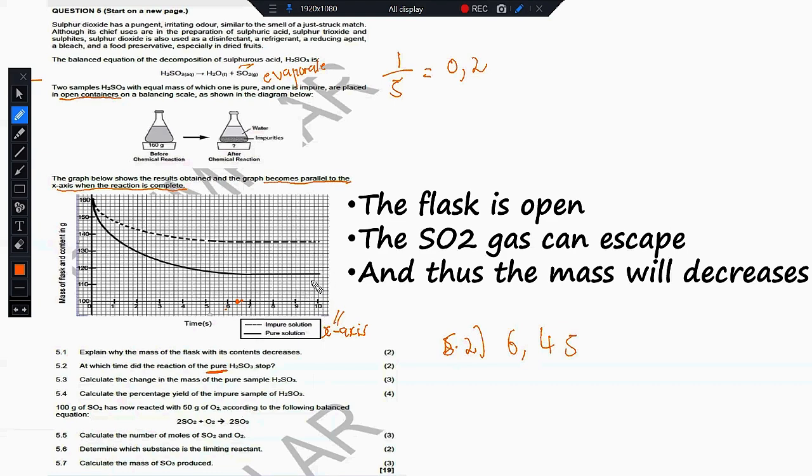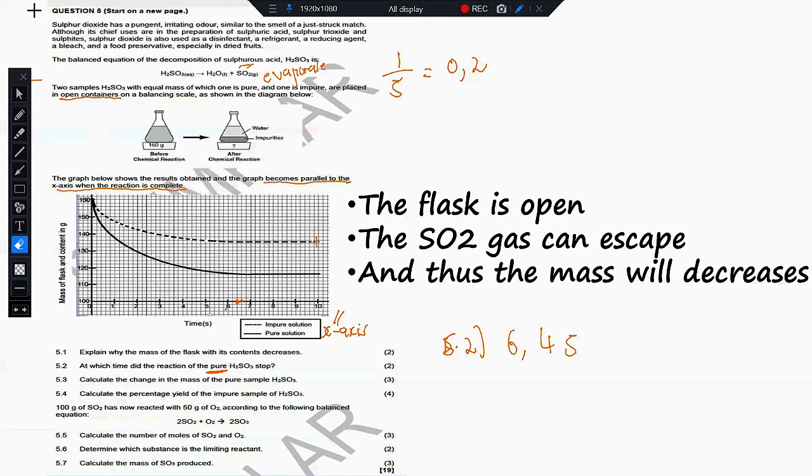Remember, the reaction stops the time the line becomes parallel to the x-axis. So the reaction was left up until 10 seconds, but the reaction was actually complete at 6.4 seconds. It was just left for recording purposes up until 10 seconds, but actually the reaction came to completion at about 6.4 seconds. So it's just a matter of understanding that. I hope it makes sense.